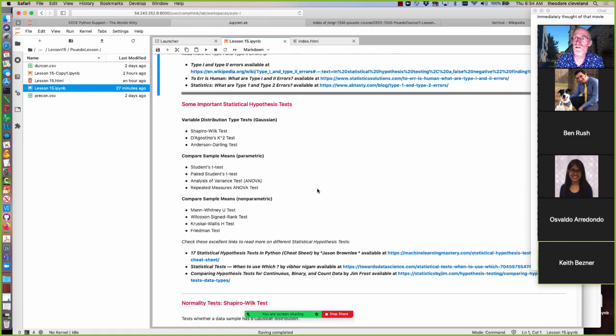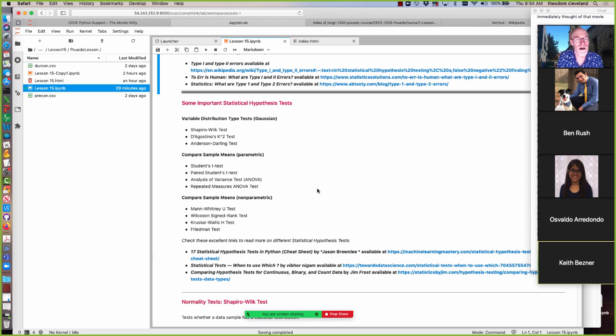So let's review some important statistical tests. There are tests that are based on different distributions. What we're trying to test in the first category is what the distribution type is. The second category are tests to compare sample means. The third category is a type of test called a non-parametric test.